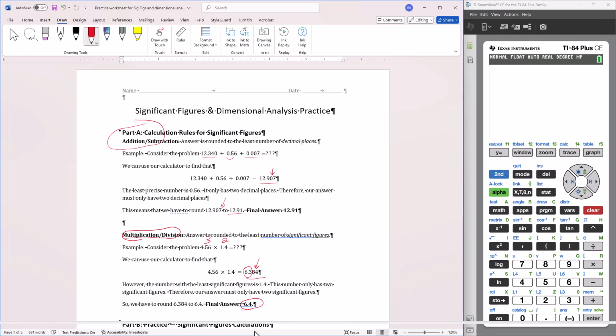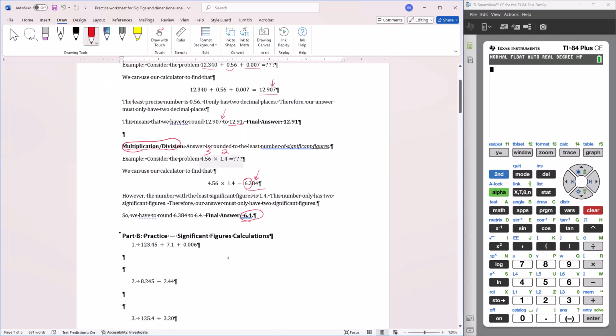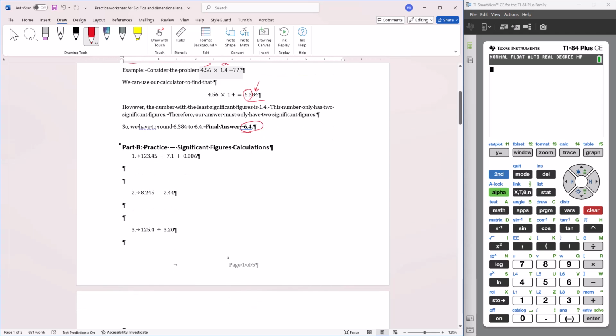Now, to help you just a little bit more, I'm going to work 2 of these problems. The first one is this problem right here. What you'll notice is that this number has 2 decimal places. This only goes to 1. This goes to 3. My answer has to go to 1 decimal place.